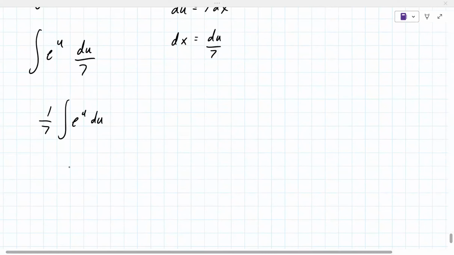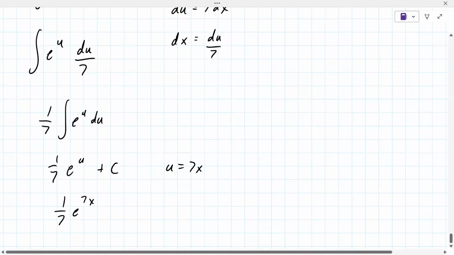And so the antiderivative of e to the u is e to the u. So you back substitute, your u was 7x, so it's 1/7 e to the 7x plus c.